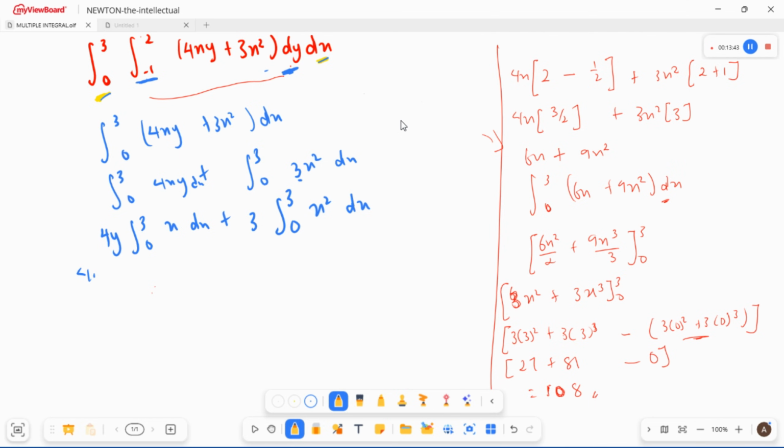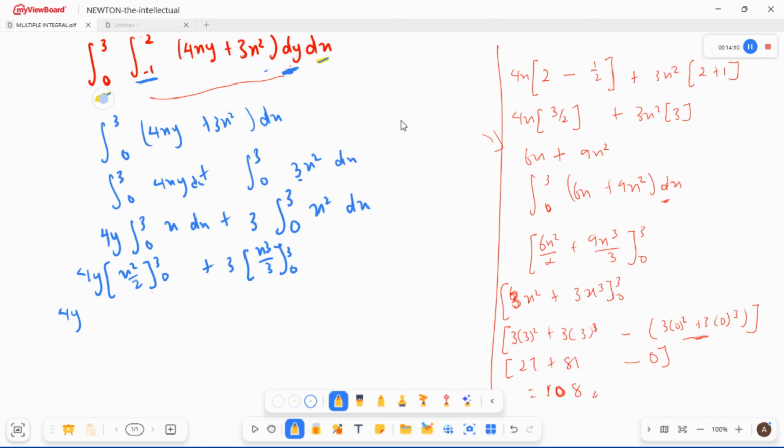So we have 4y, then x squared over 2, from 0 to 3, then plus 3, then x cubed over 3, from 0 to 3. Then we can just solve very easily. Remember I said, when we were doing the first one, that the limits you are carrying are only for that variable.